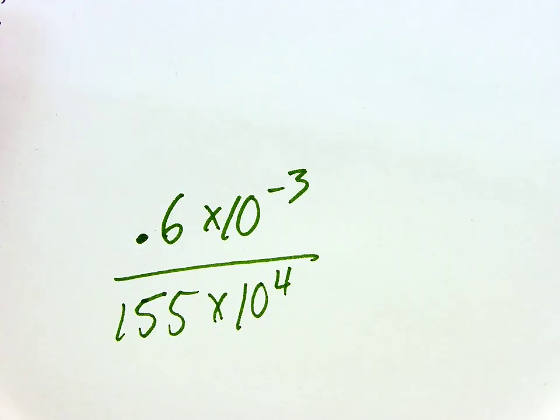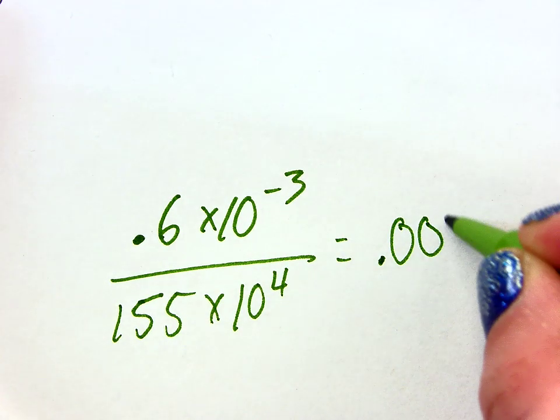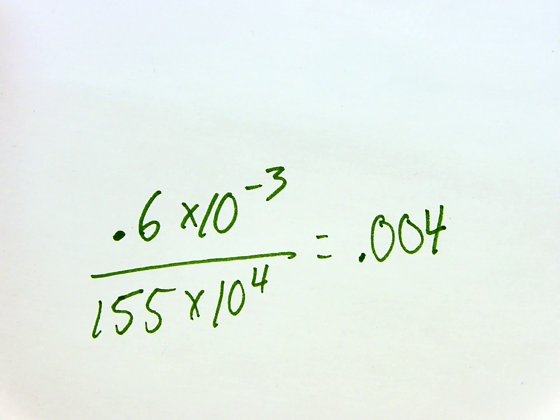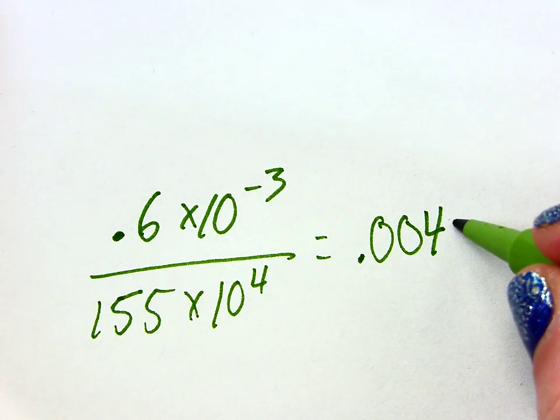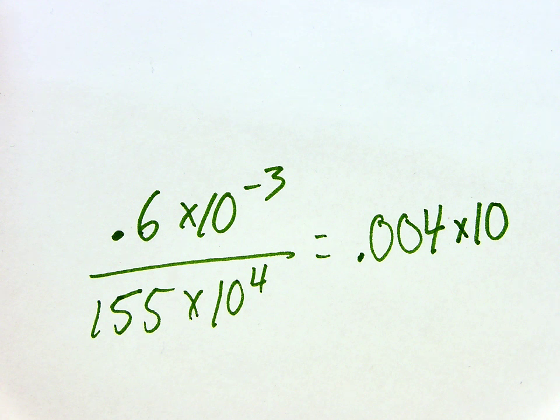Let's say this was my problem, and I did 0.6 divided by 155. That gets me 0.004 if we're going to round. What would my power of 10 be right here? Negative 7 is correct.